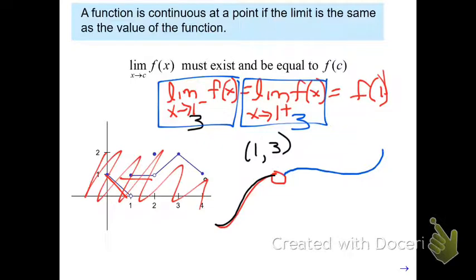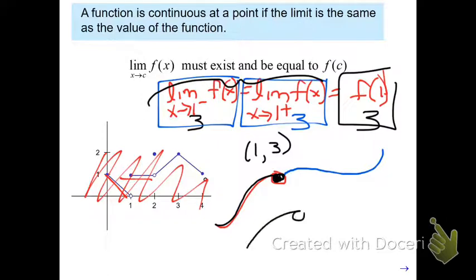So the final piece of the three-part limit definition is you have to also have a solid point here. Okay? That would mean f of 1 is also 3. So these two pieces, if the left-hand limit equals the right-hand limit, that means they meet at that possible hole.